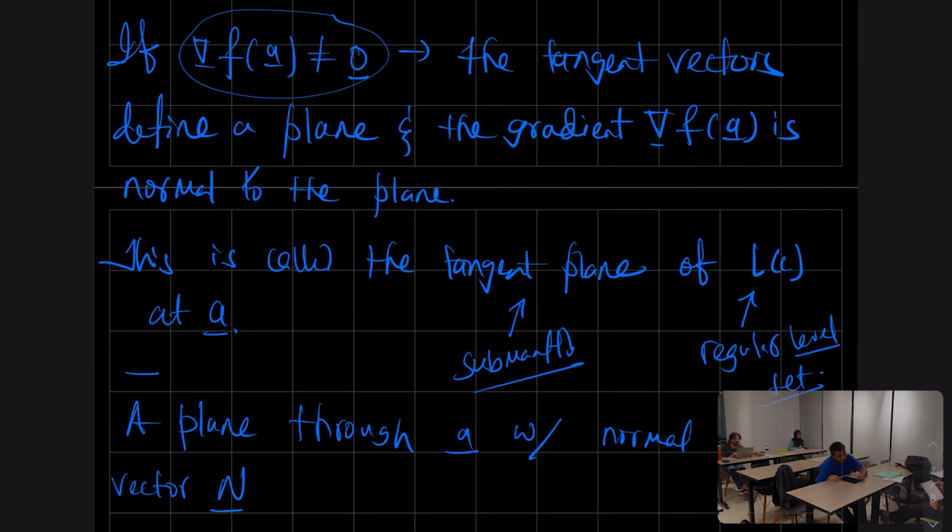Normal means perpendicular, orthogonal, and we can also say its norm is one. Normal, orthogonal, perpendicular, but local.